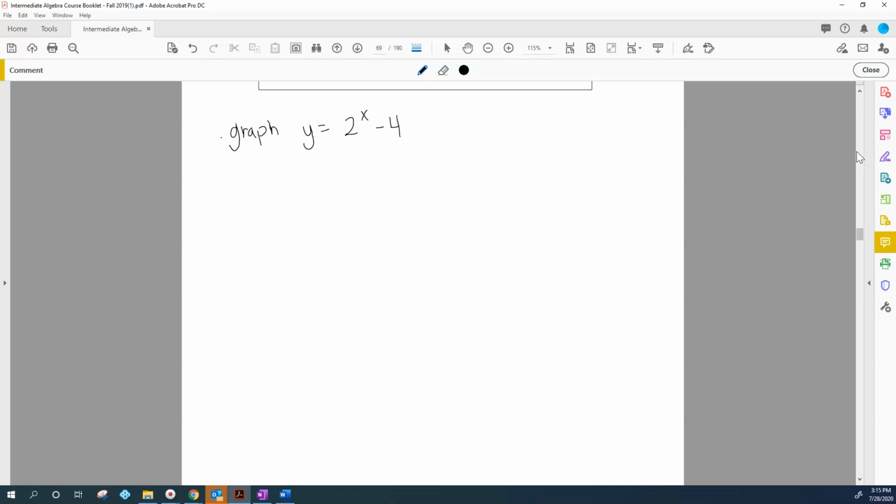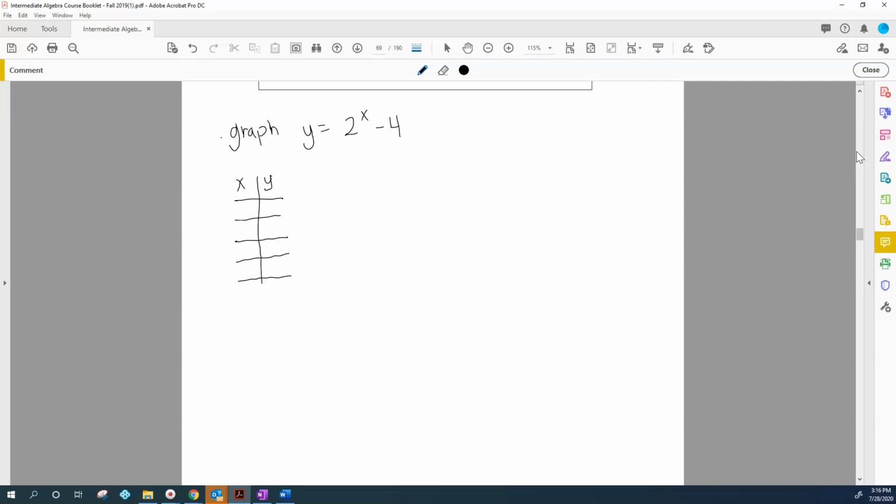Think about it: we just had that 2 to the x power, but now we need to think about what that minus 4 is doing. I could make up a table of values, and I just pick my x's. Some of those x's were picked for you before, but you don't have to. You can pick any x that you want.